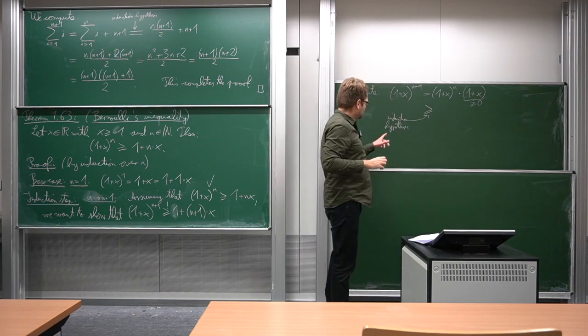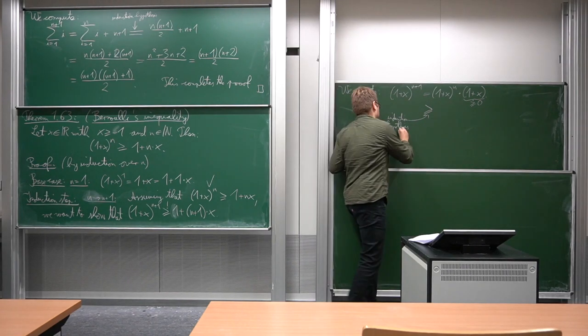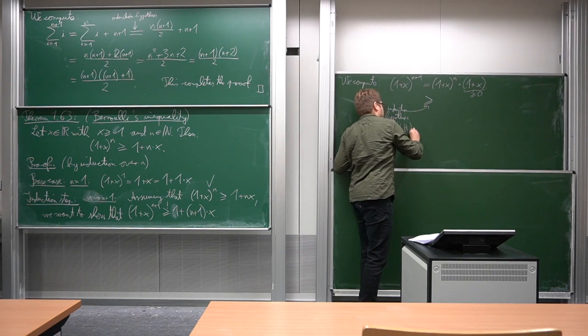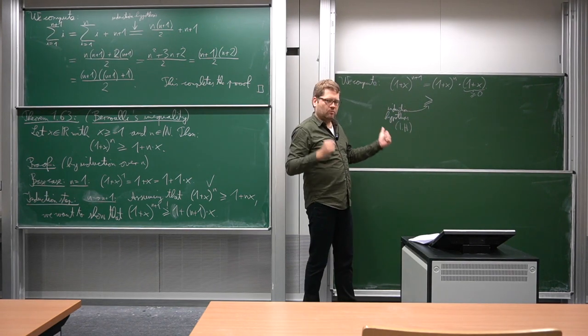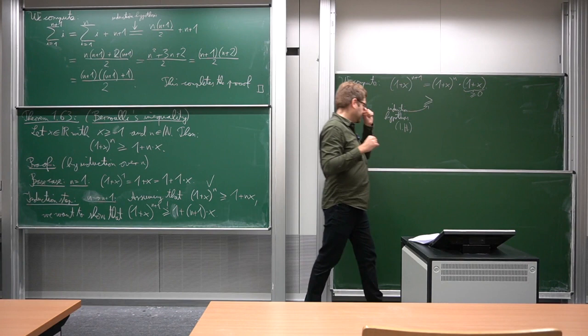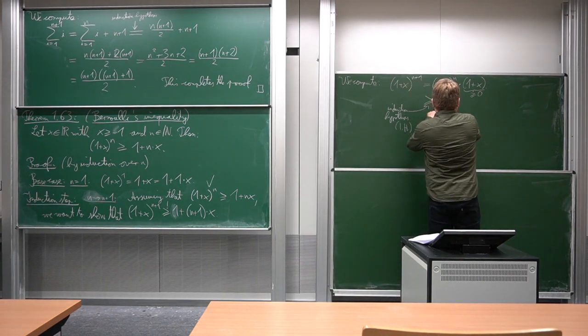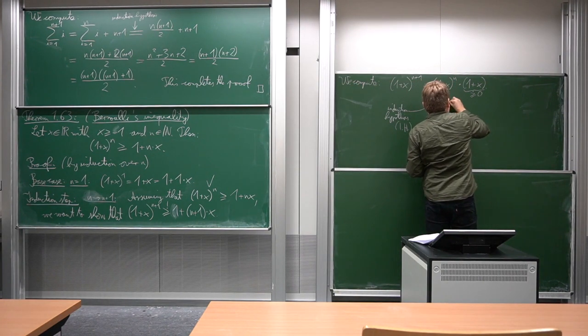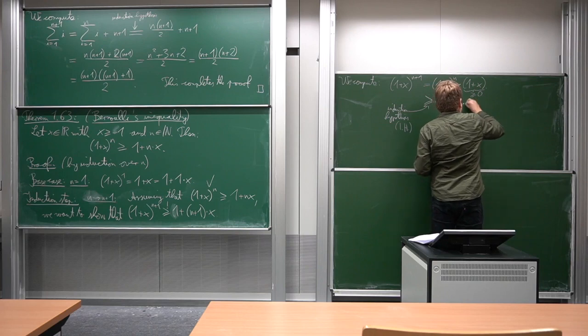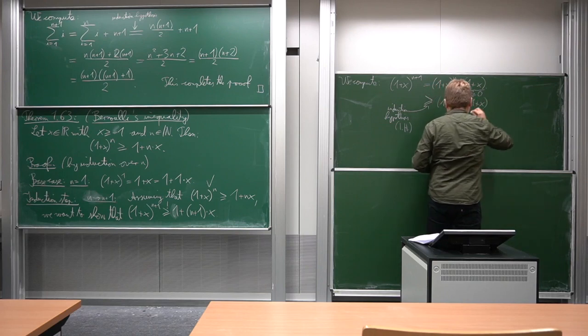Okay, in your solutions you can just write I.H. or something like this, but it just needs to be clear where you use your induction hypothesis. Okay, this means that this is bigger than or equal to 1 plus nx times 1 plus x.